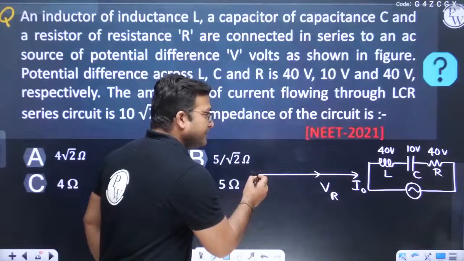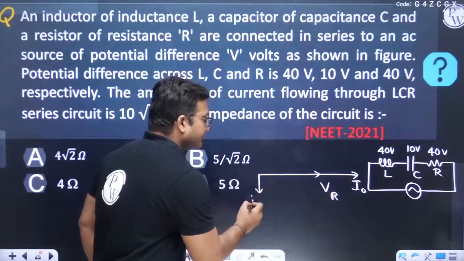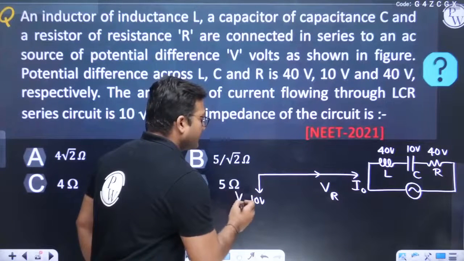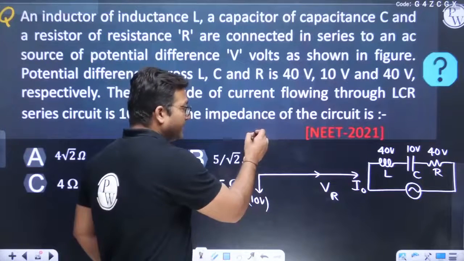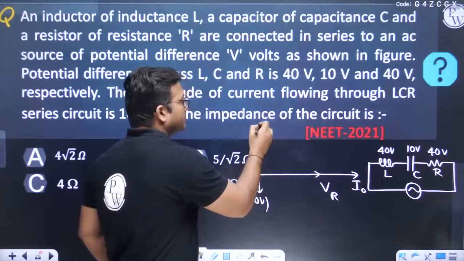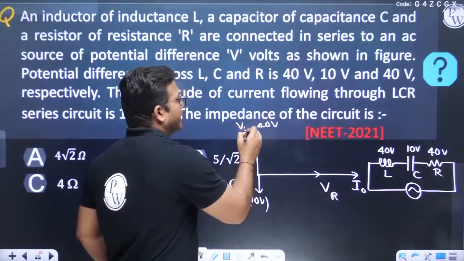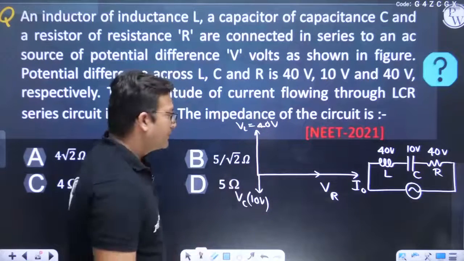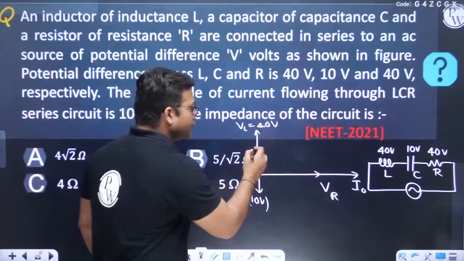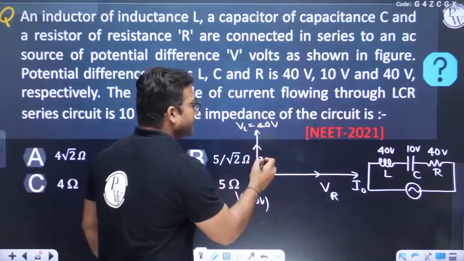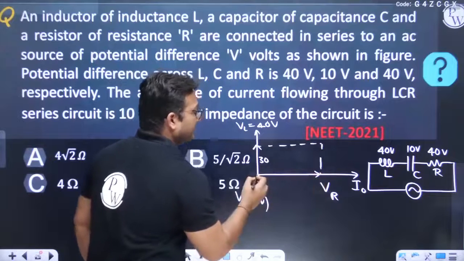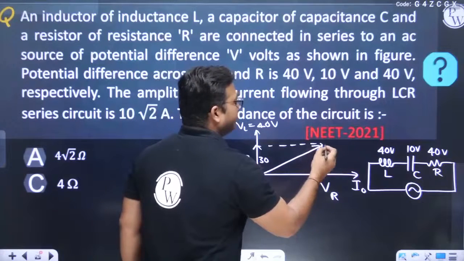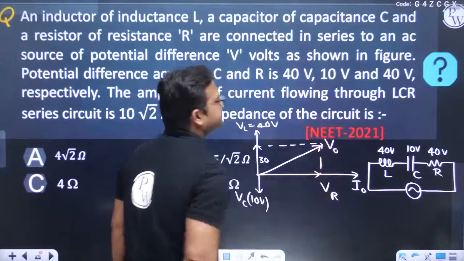We have VC 10 volt lagging the current, and we have VL 40 leading the current. The resultant of these two is going to be VL minus VC, which is 30, and the resultant of VL minus VC and VR will give you the net phasor V naught.